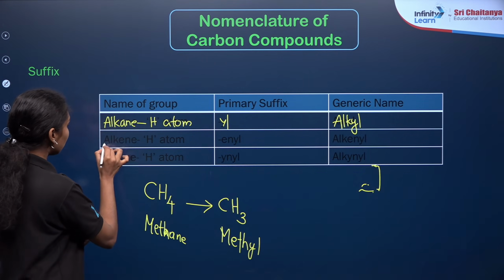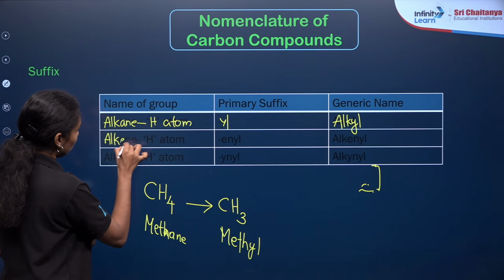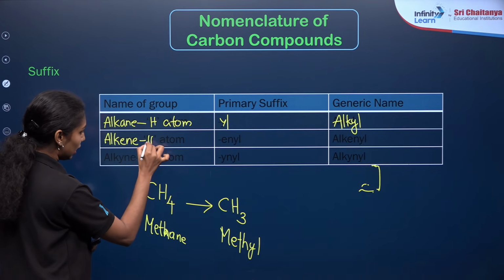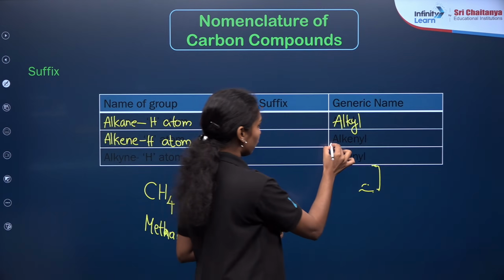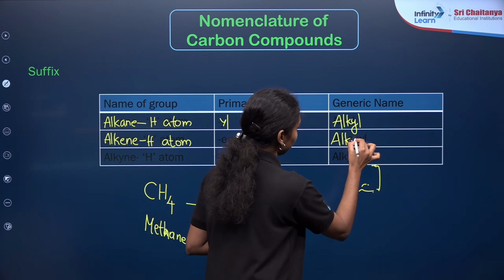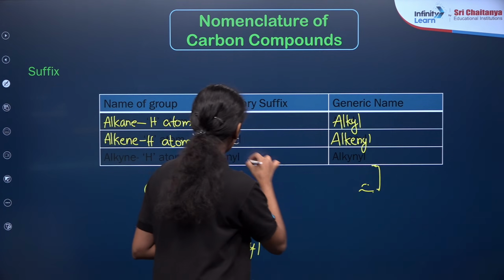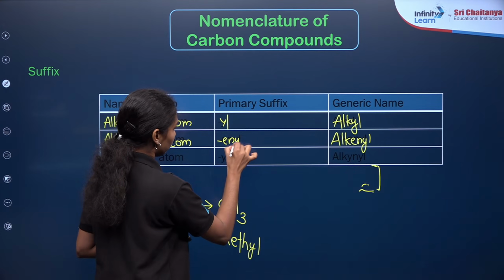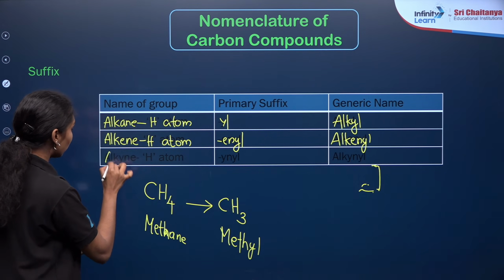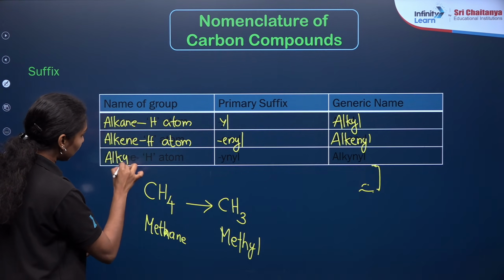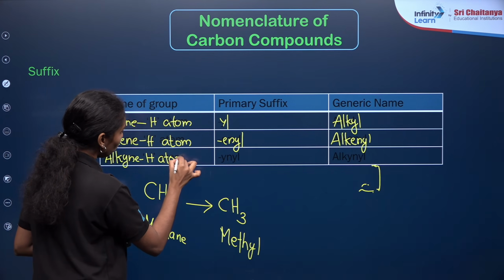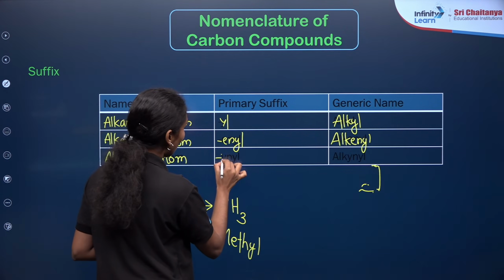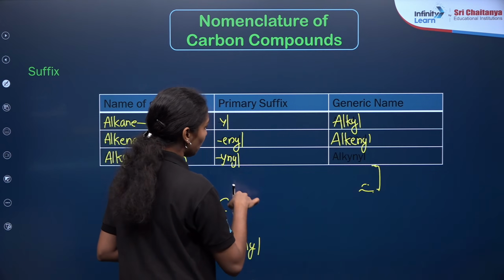Then if I take one alkene and delete one hydrogen atom, it will form an alkenyl compound with the suffix enyl. Similarly, if I delete one hydrogen atom from the alkyne group, it will form an alkynyl compound, which will have the suffix ynyl.